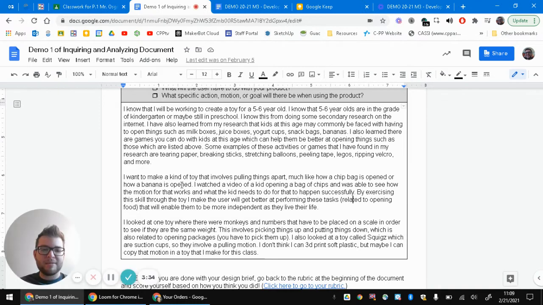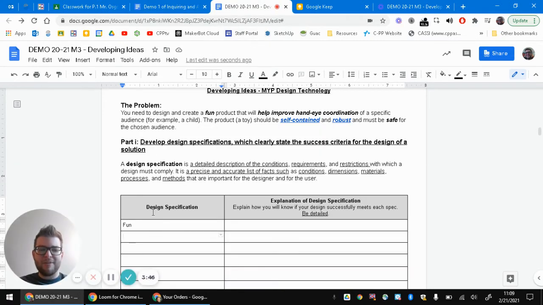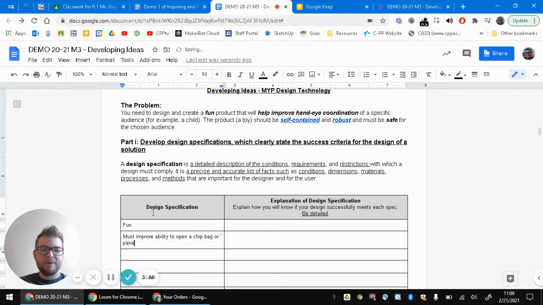And going back to my design brief, I know that my flavor of hand-eye coordination that I'm addressing is how to open a chip bag. I want them to get better at opening a chip bag or a banana peel. All right, so I'm going to say that right here. I'm going to be specific. Must improve ability to open a chip bag or banana peel.